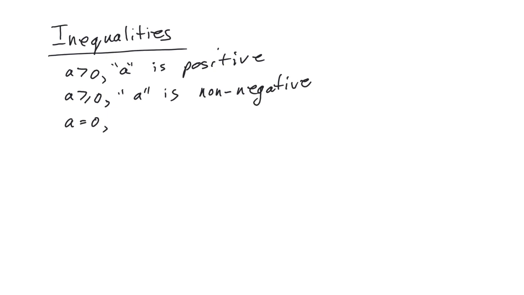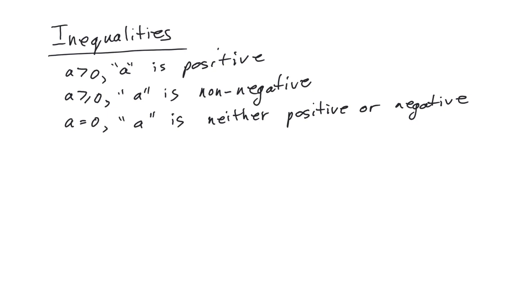When we say A is equal to 0, you can also say A is neither positive or negative. If A is less than 0, we just say A is negative. So we're going to make sure that when we talk about these things, we look at things such as solving inequalities.